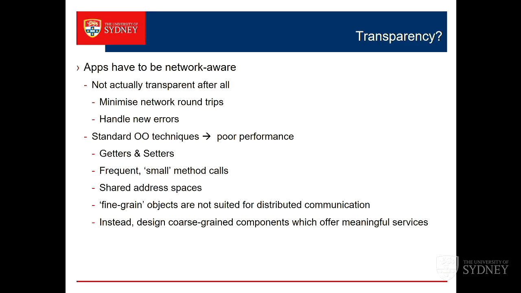things that I can't handle. And I particularly want to worry about network round trips. The standard OO model you see where I've got some object and it's got little getters and setters and one line, I call something and it does one or two instructions and then returns because they're really cheap. I can't do that across a network.